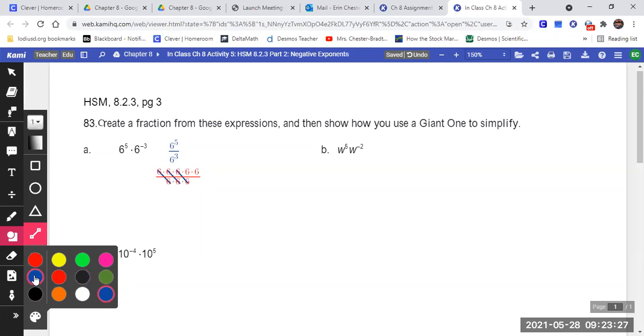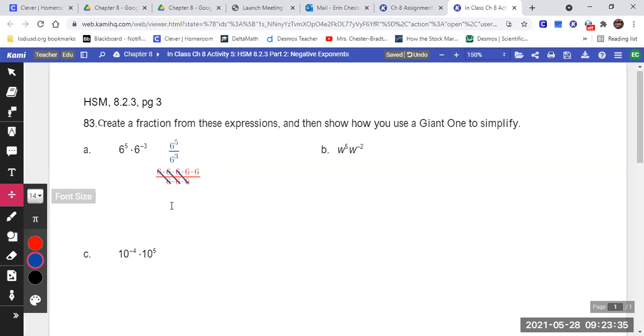Those were all 1s, right? Why does that look like it's black? Okay, so what's left? What's left? Six times 6 is what's left, yes.